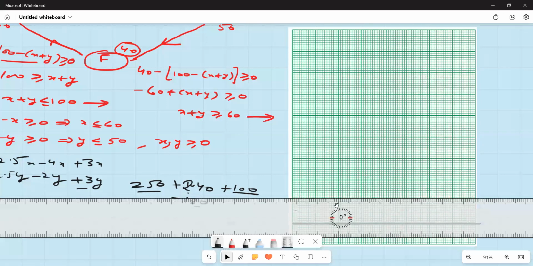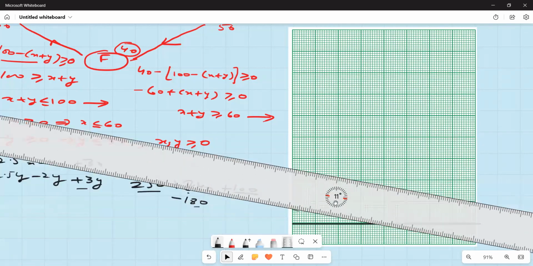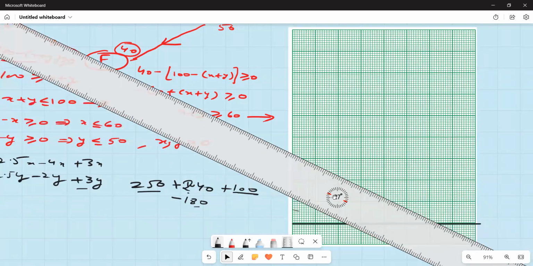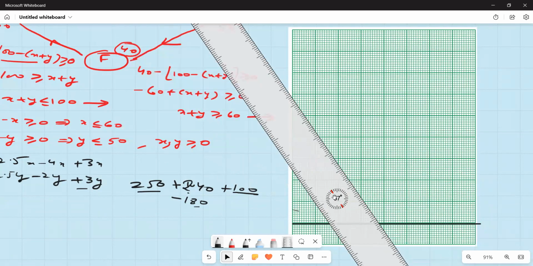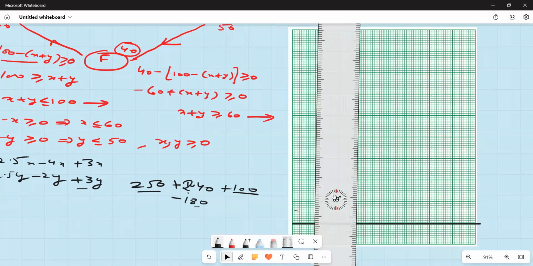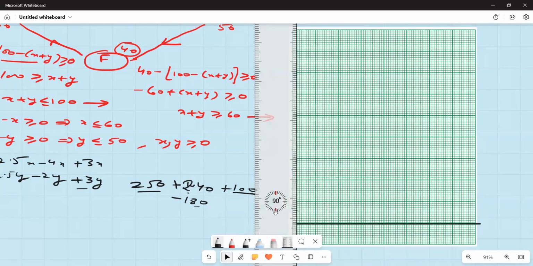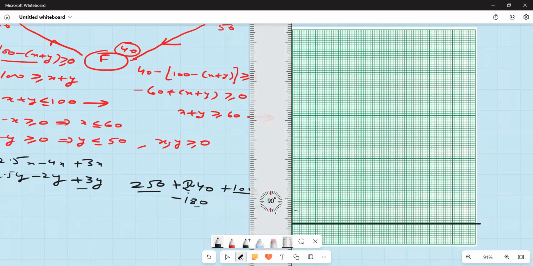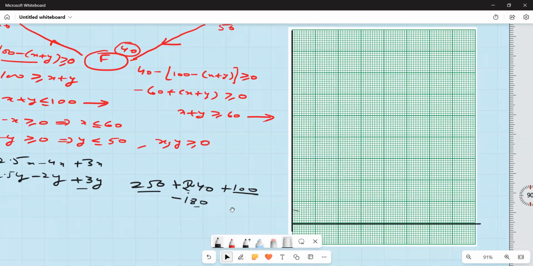This is the x-axis you have taken. Y-axis, right? Then the equations are: first one was x, y positive, that means first quadrant only I have taken. Then x less than or equal to 60 and y less than or equal to 50.